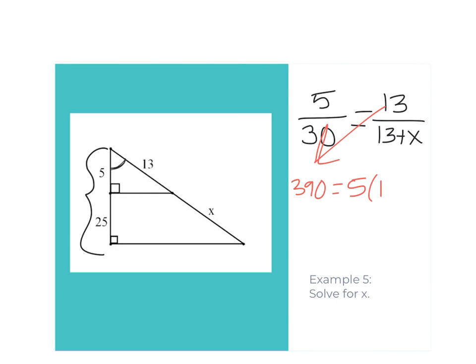And then I have 5 times 13 plus x. 5 times 13 is 65, so I have 390 equals 65 plus 5x.